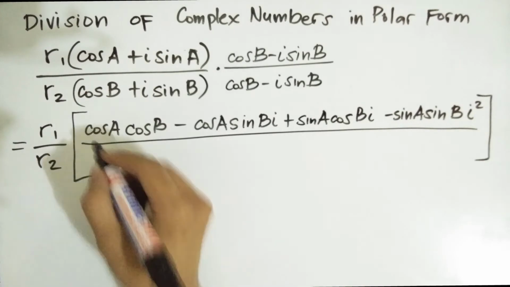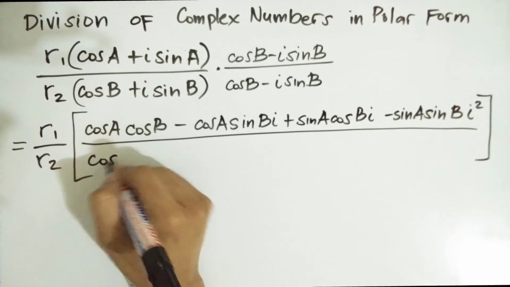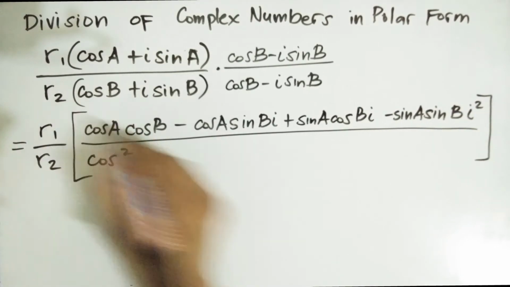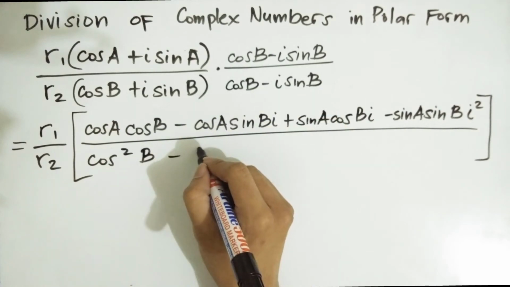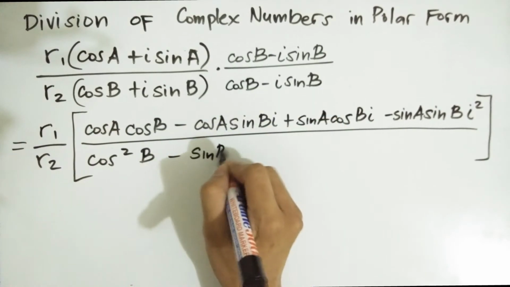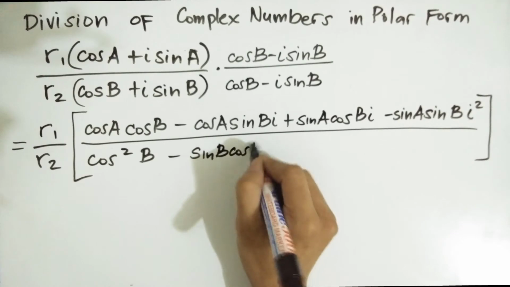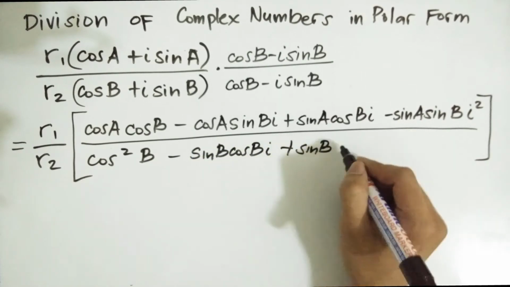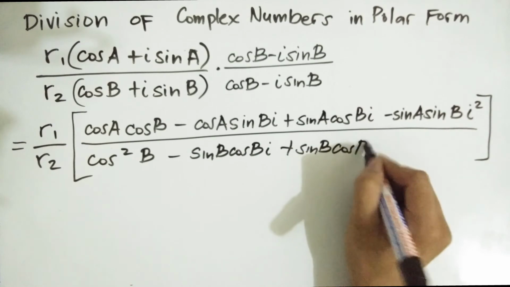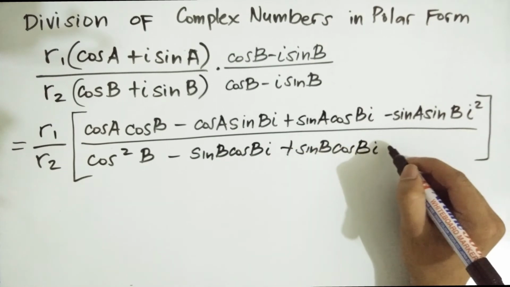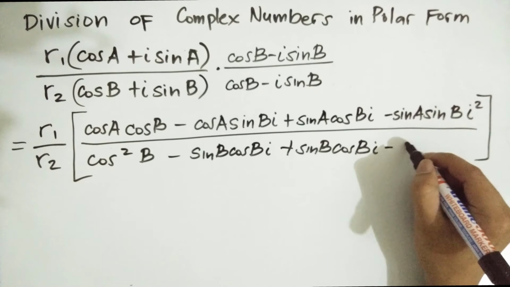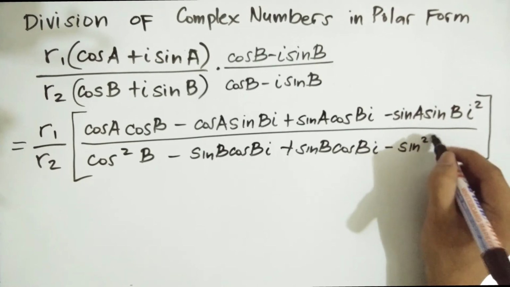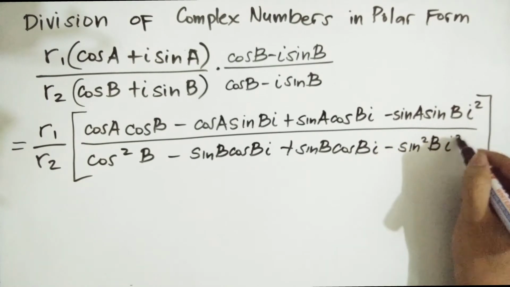For the denominator, we have cosine squared of B minus sine of B cosine of B I plus sine of B cosine of B I minus sine squared of B times I squared.